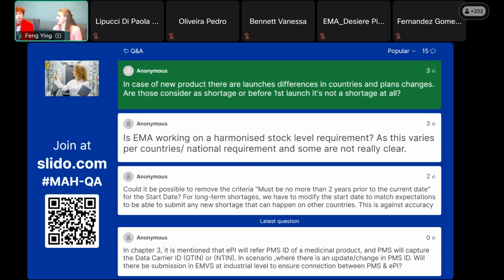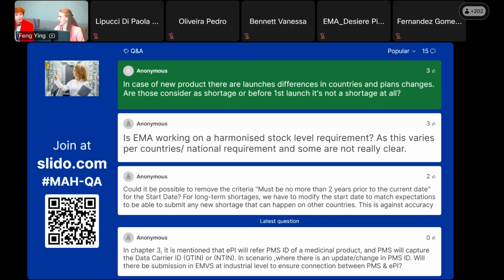The next question is, in case of new product launches, differences in countries and plans changes. Are those considered as shortage, or before first launch, it's not a shortage at all? So, taking this question as placing the product on the market for the first time.